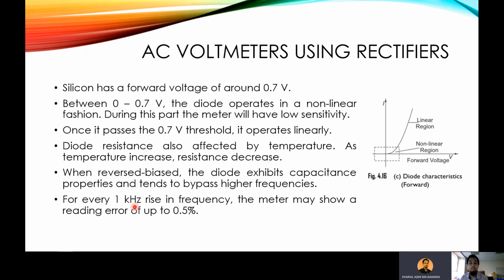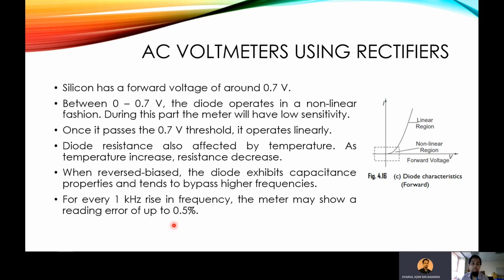So for every 1 kHz rise in frequency, the meter may show a reading error of up to 0.5%. So the higher the frequency, the more error is introduced. But for typical power system applications, our frequency is quite low. When we want to measure, the frequency is below 1 kHz, so it's not going to have too large an effect.